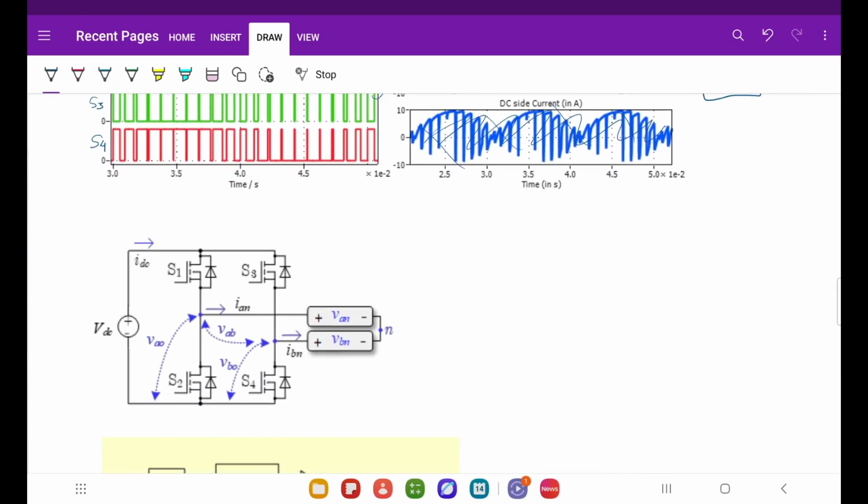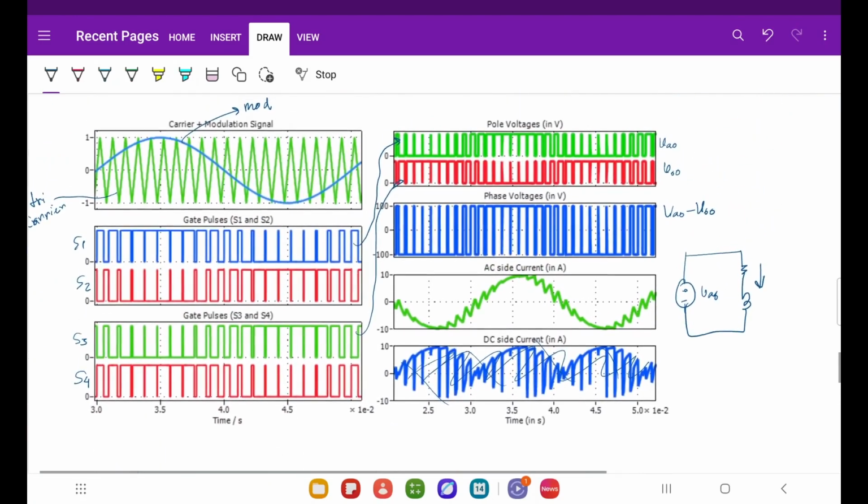Okay. Now to this much, I would like to show you a simulation, and in the simulation we will see how this is implemented and how the waveforms look.